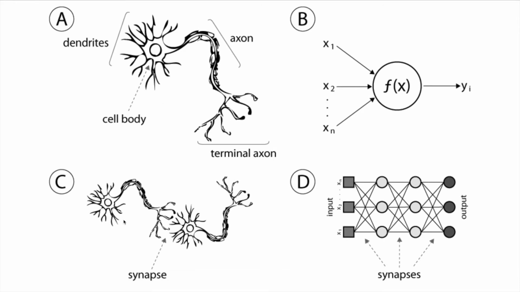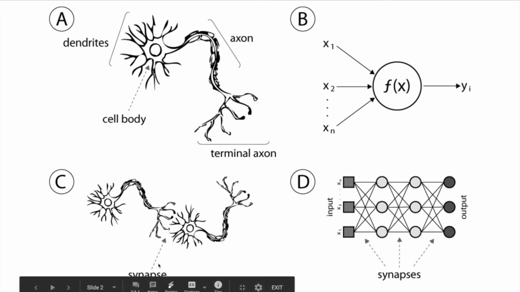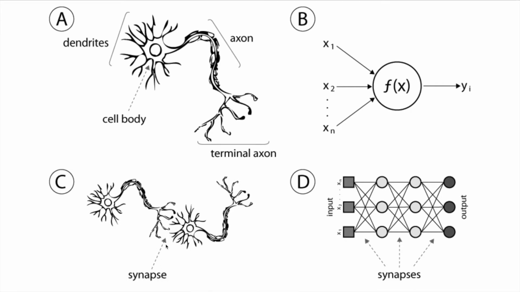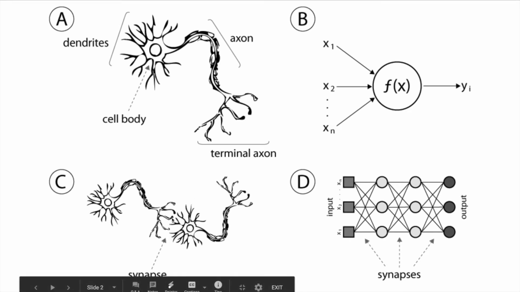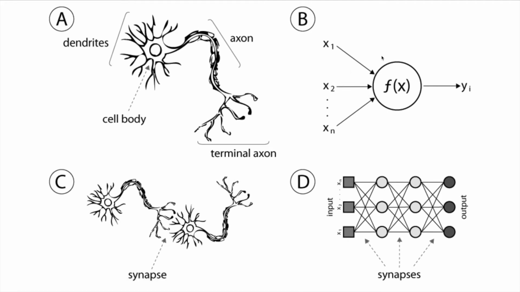If the two neurons flow information, how do they flow it? They flow the information using these connections called synapses. In deep learning, in a neural network, in mathematical terms we use y is equal to wx plus b.